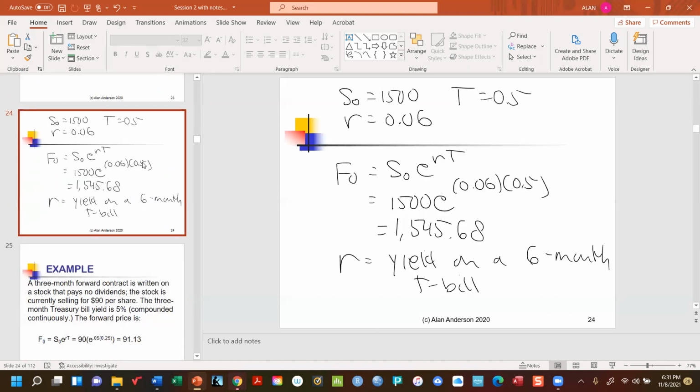All right, so we plug these numbers in. The spot price of 1,500. The time frame is 6 months or half a year. The interest rate is 6%.